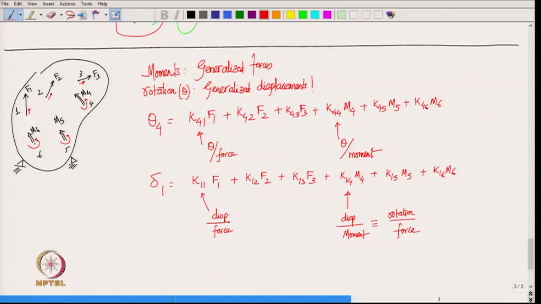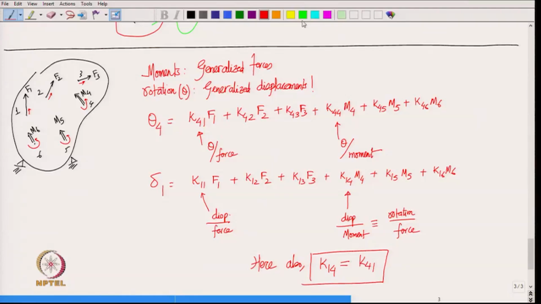And again here also we can say that k_14 is the same as k_41, the reciprocal relation, and you can see that the dimension is also matching.